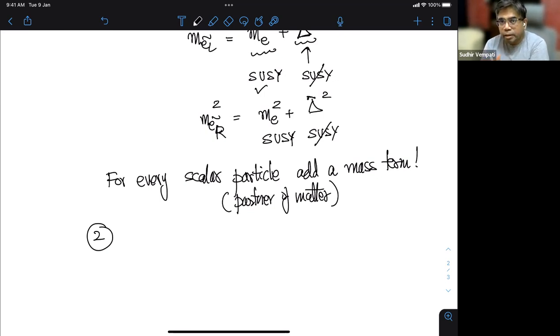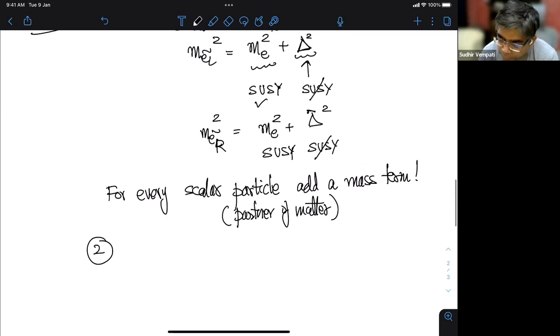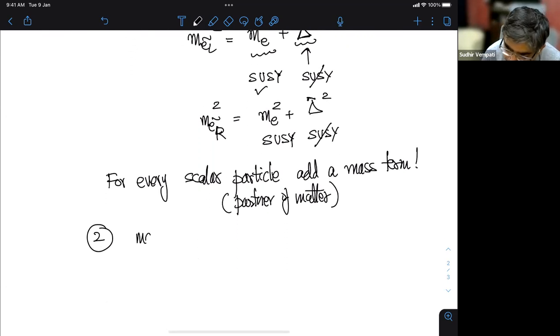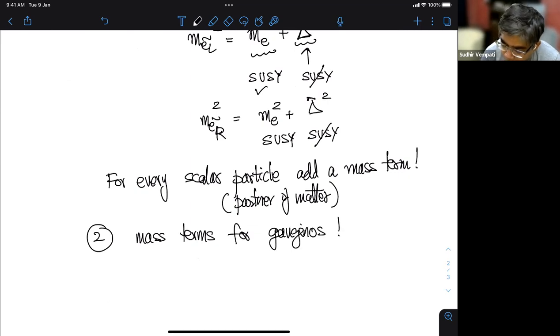The second one would be to introduce mass terms for gauginos. So normally you have m_λ or m_ã, which is equal to the mass of the photon, m_A, which is equal to 0.